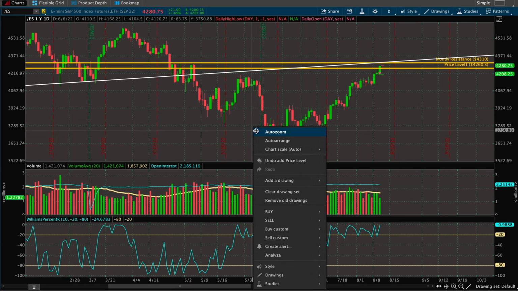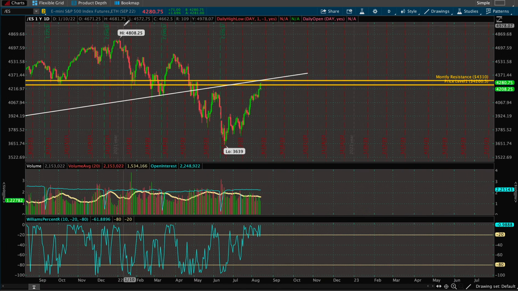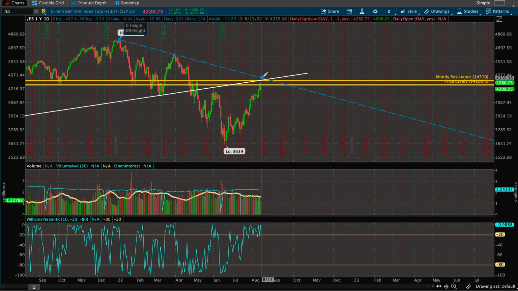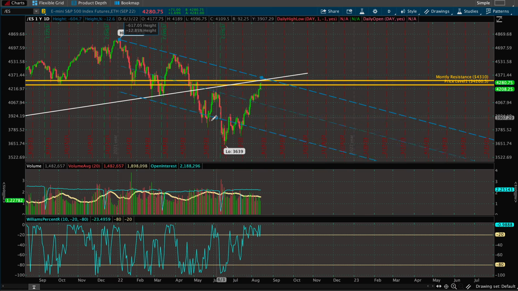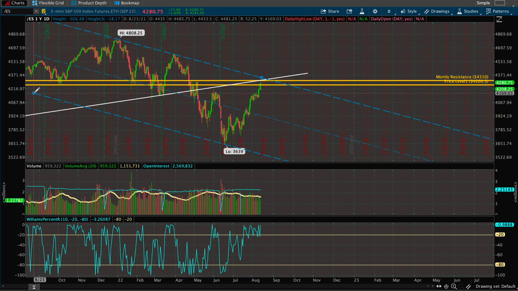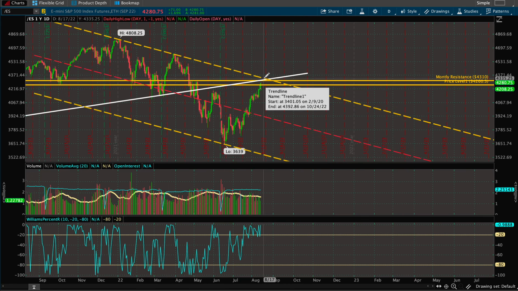let me draw another channel to show you where the official breakout should be. That's the wider channel, and that's the official breakout there, which is 4331.